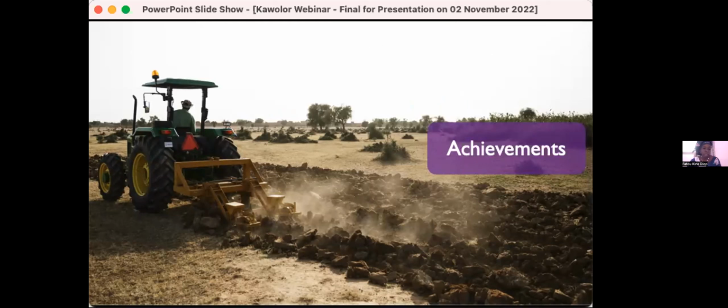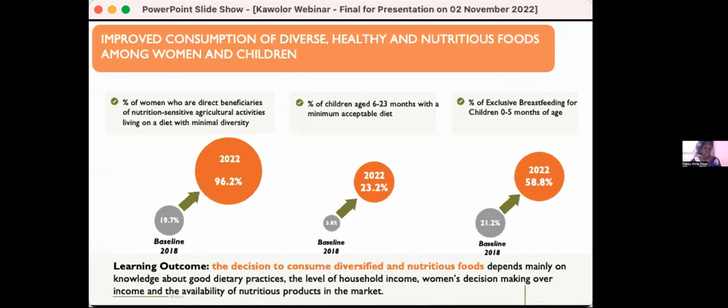Now, let's share some achievements of Feed the Future Senegal Kawolor after 5 years of implementation of the NLA approach in 1990 communes in Senegal. Slide, please. The project really has achievements in increasing availability of nutritious and safe food, and in increasing household and private sector revenue, etc. But in this presentation, we'll focus on nutrition results.